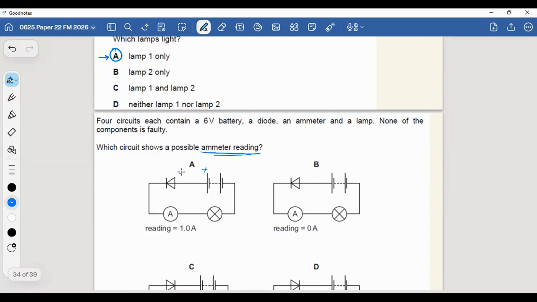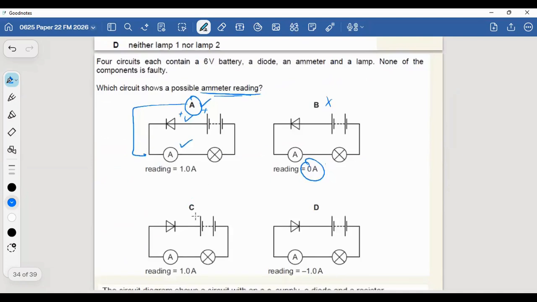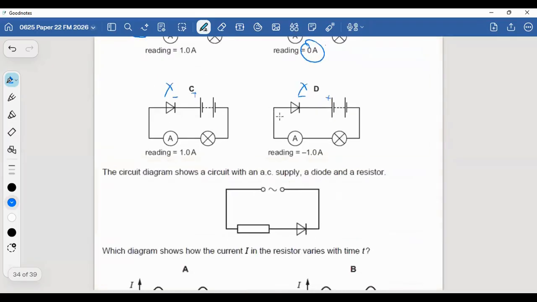This is connected with this and current is flowing through it. This is allowing it, so this is my right option. Let's see other options. But it says 0, so this is not. And this is connected with the negative, so this is also not, and this is also a no. So that is why option A was the perfect option.